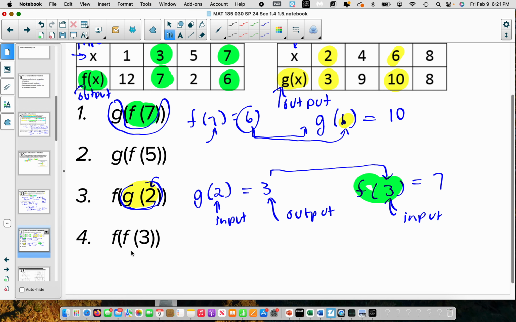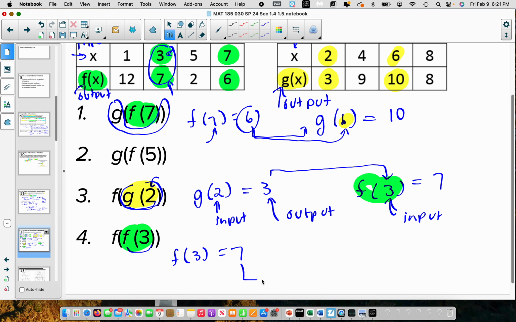Then let's look at the last one here. I can apply a composition of functions to the same function multiple times. My inside function here, I'm going to evaluate f of 3. When I read the table, I input 3, I output 7.